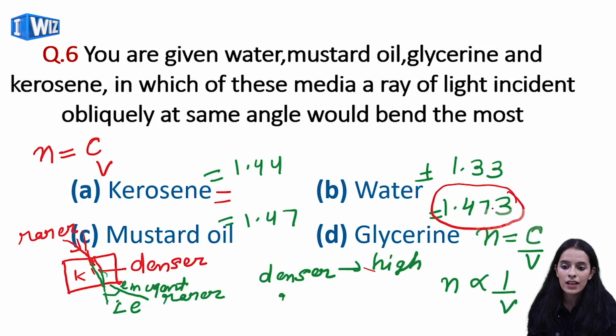More is the refractive index, more will be the bending. So what is the right option? Glycerine, because it has the highest refractive index, so the bending of light will be most in case of glycerine. Now come to the next one.